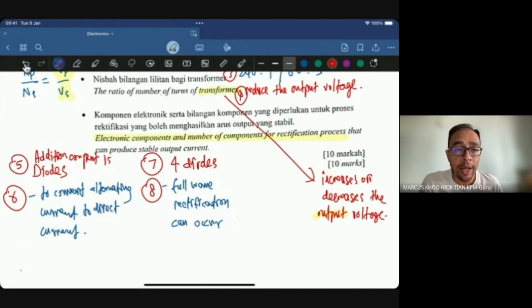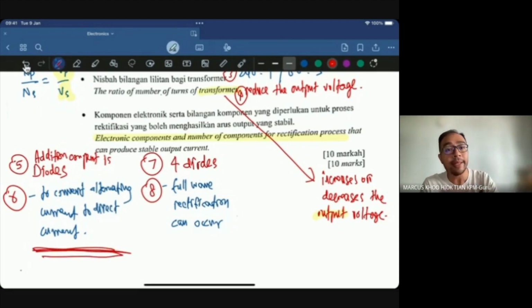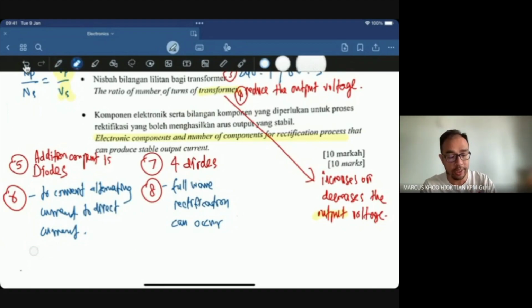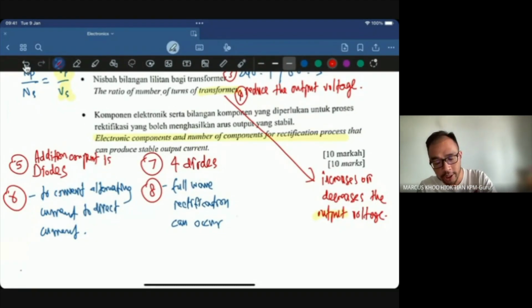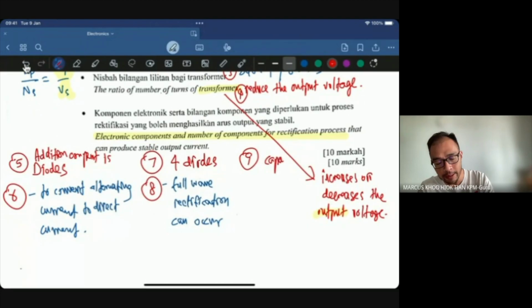Okay, so I would advise against writing rectification in this section. Better to state, to convert the alternating current to direct current, which is basically what the diode's main function is. And then after that, in the 4 diodes part, you talk about the full wave rectification. The 9th mark would be the other component, which is usually the capacitor.